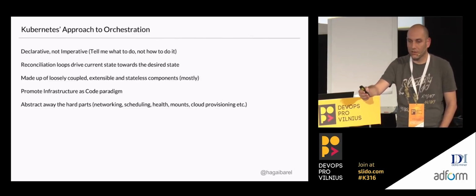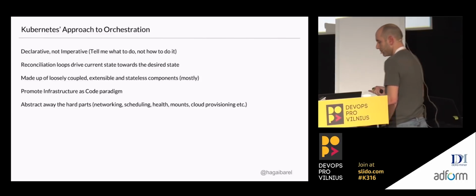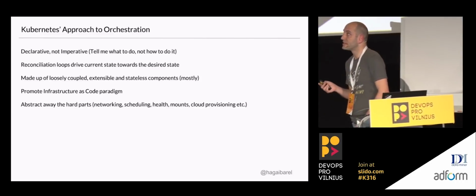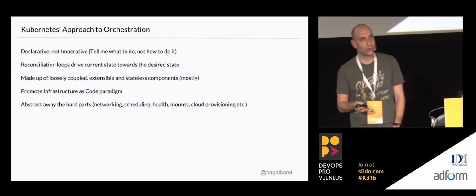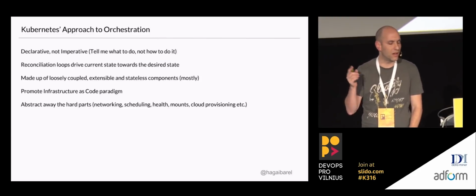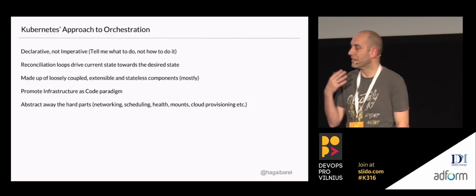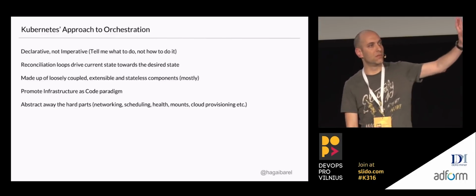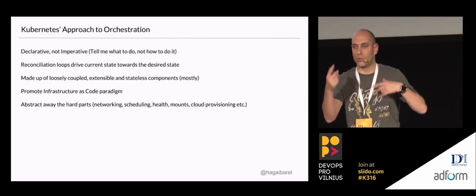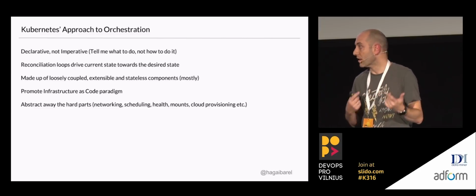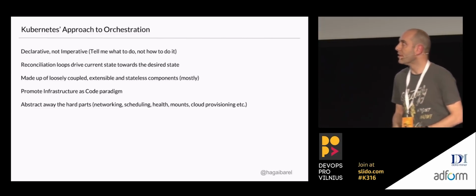And this really goes hand in hand with the second sentence written down there. It's the idea of a reconciliation loop, all right? And we'll look more deeply into the idea of a reconciliation loop. But the concept is, once you have a declarative state, give me 3 of these, all right? We just want to reconcile reality with the desired state, okay? We'll look into it in a bit.